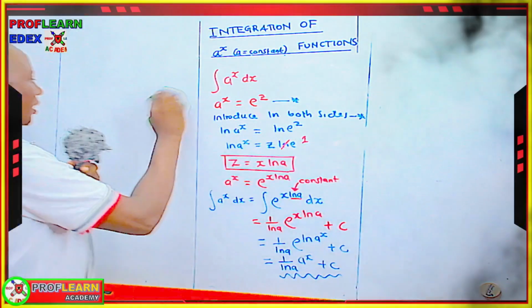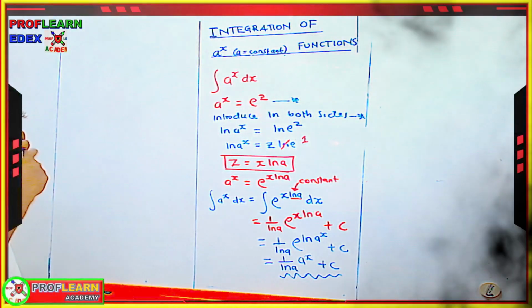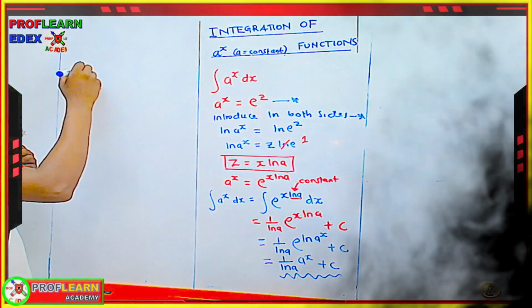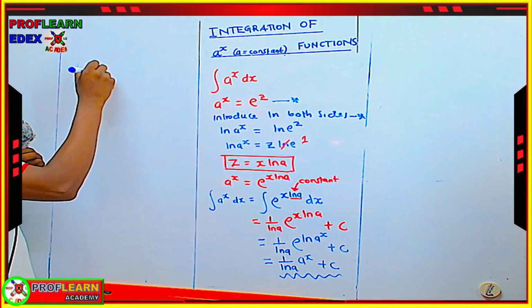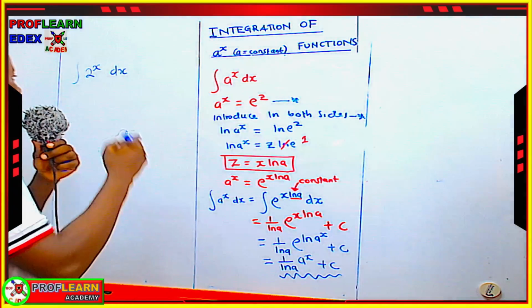Now, we need to look at a scenario where you have an exact number here, and how you can work it out. For instance, you are told to integrate 2 raised to power x with respect to x. How do we perform this integration?